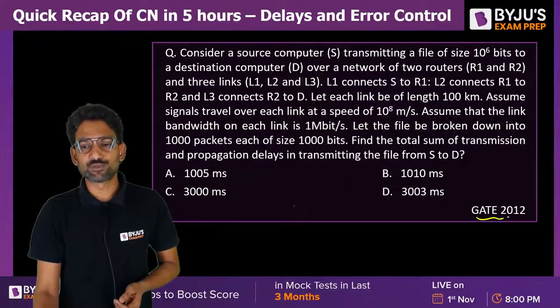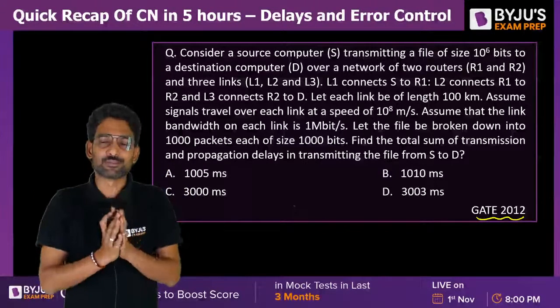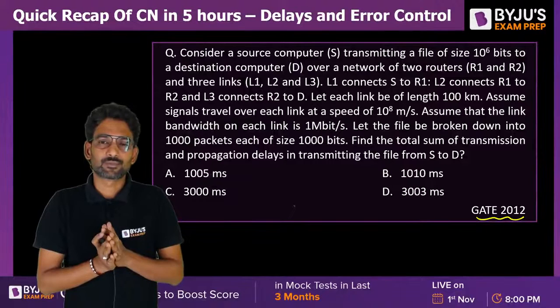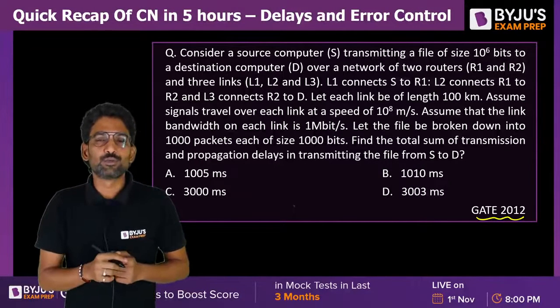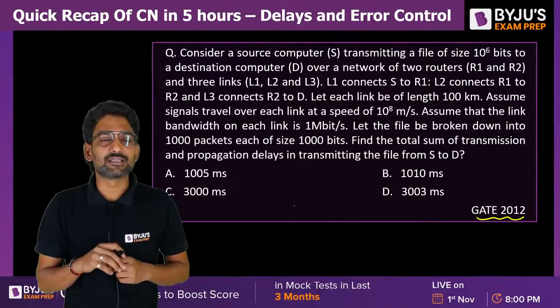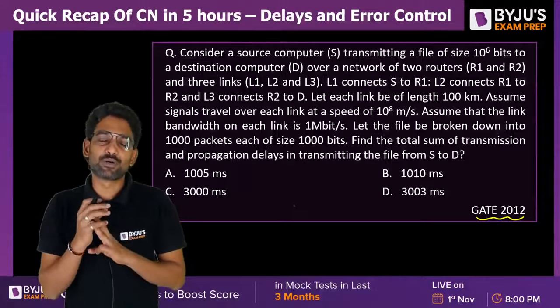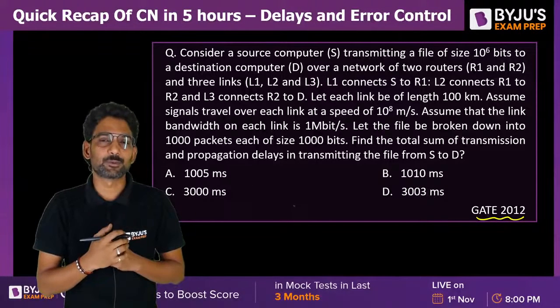Next, 2012 GATE question. You see, you have got so much information, but nowhere in the question will you find Ethernet, CSMA/CD or 802.3 terms. If you want, you can check it out.